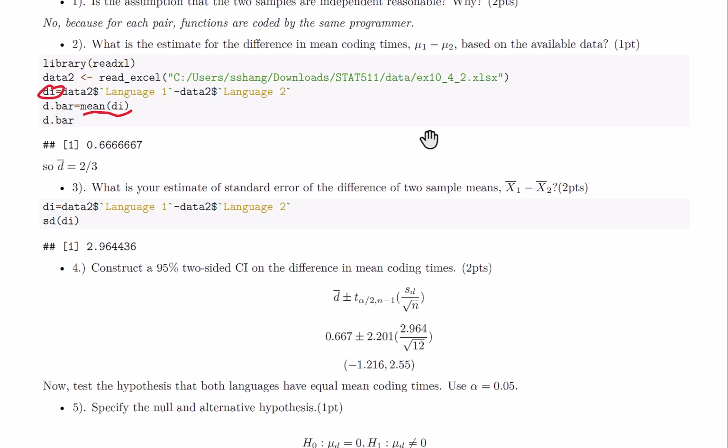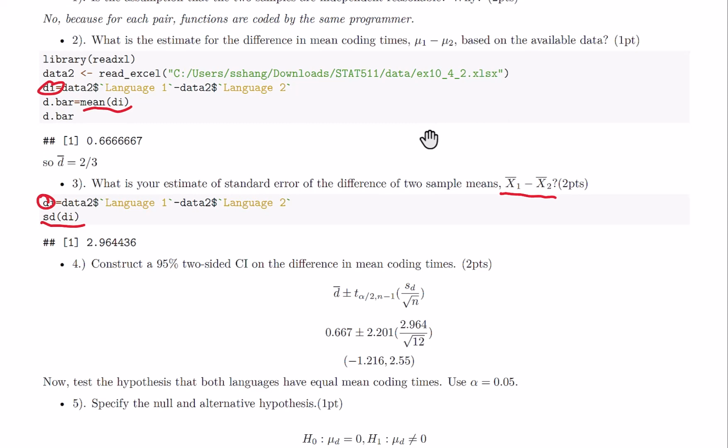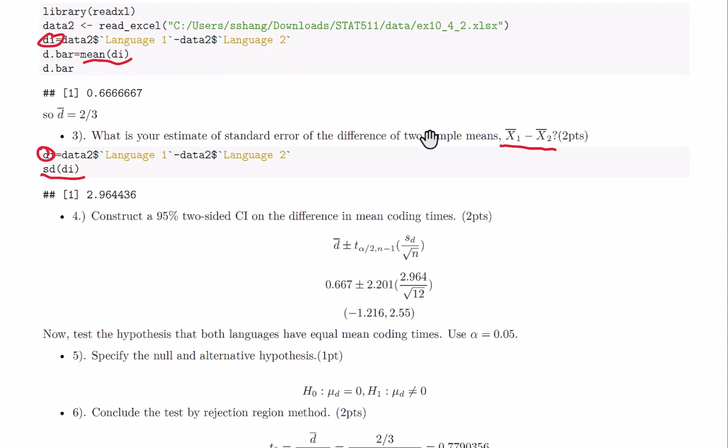What is the estimate of the standard error of the difference of two sample means? So here, yes, you have to get the standard deviation of the Di, right? Now construct a 95% CI on the difference in mean coding times: D bar plus or minus, yes, this is the T, okay, with n-1 degrees of freedom, times the standard error.